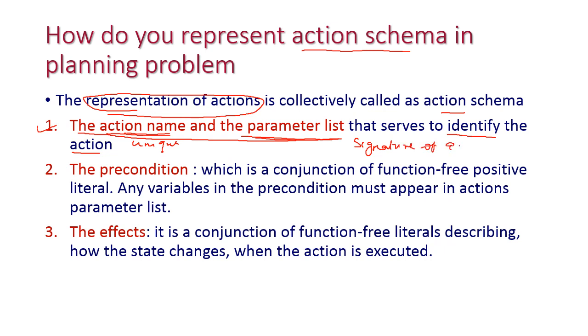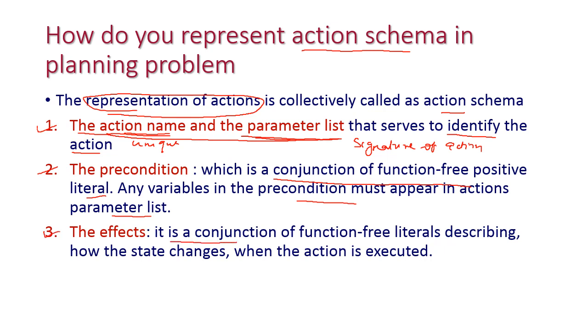Signature of action. And the next one is precondition. Precondition is a conjunction of function-free positive literals, and any variable in the precondition should appear in the action parameter list. And the third one is effect.